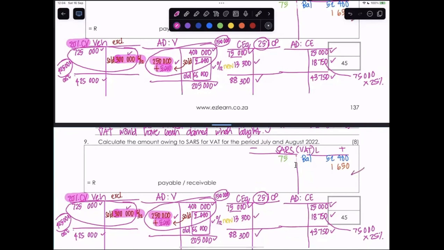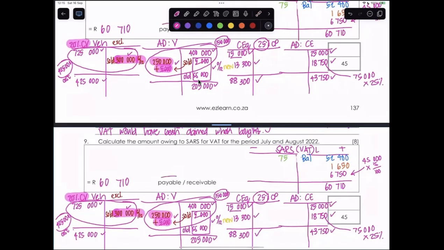So over here, when Craig took that vehicle, we need to say the carrying value of 45,000 times 15 over 100 to get an amount of 6,750 as the VAT on Craig's vehicle that was taken. When you work that out, you will then see that there's an amount of 6,710 that is owing. Make sure that you indicate very clearly that this is the amount payable to SARS.